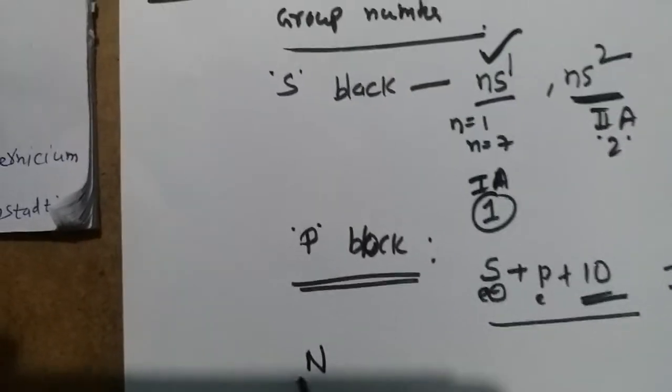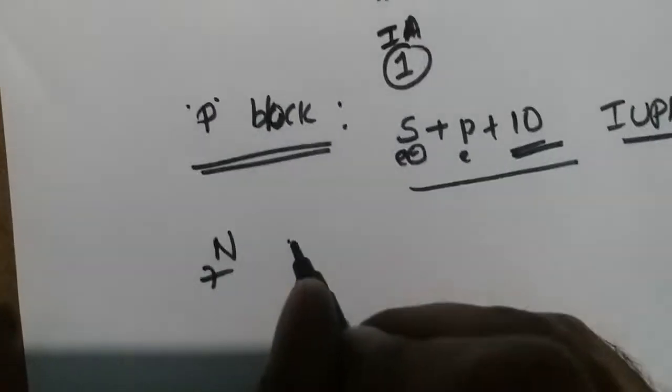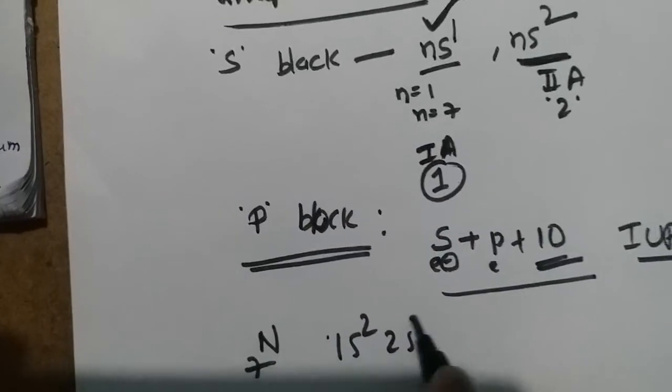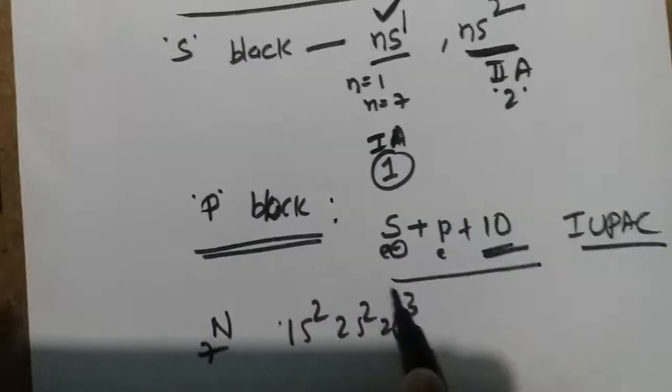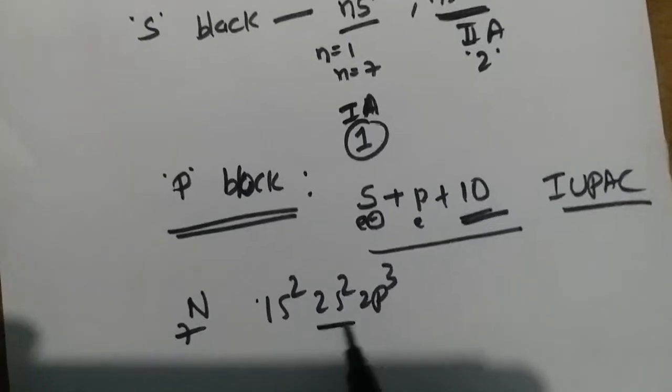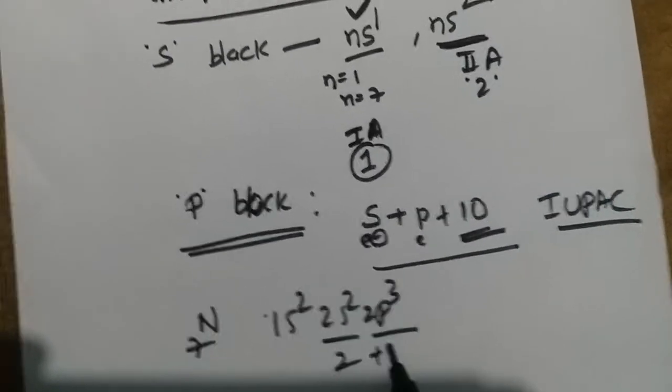Why I am telling this: for example, nitrogen, atomic number 7, has the configuration 1s2, 2s2, 2p3. The number of S electrons is 2, and the number of P electrons is 3.